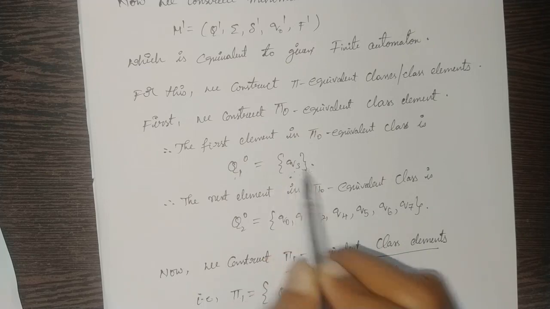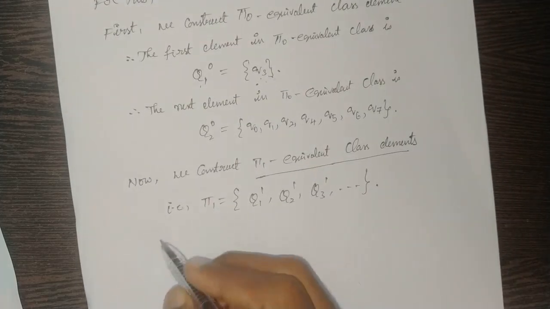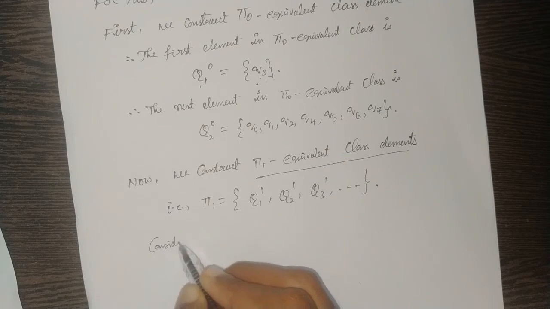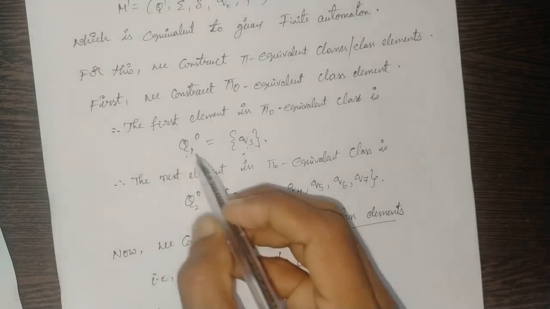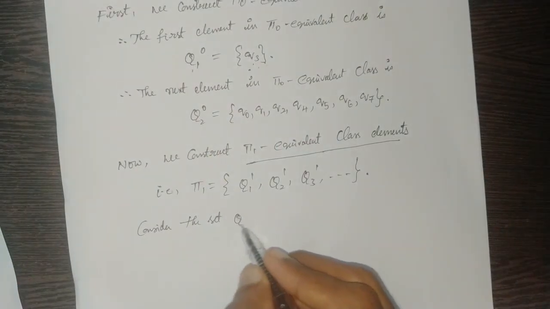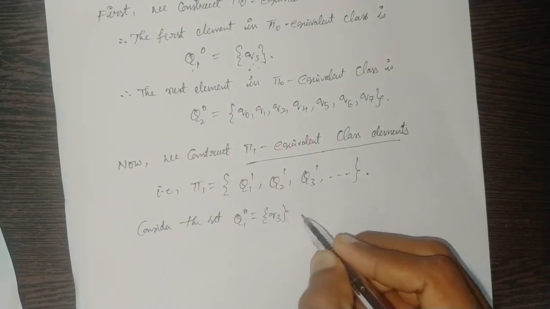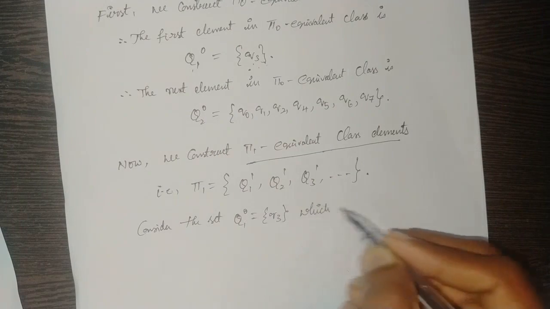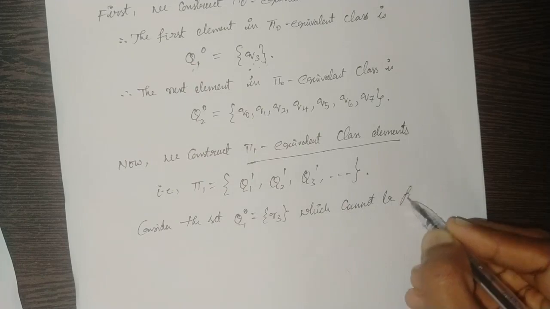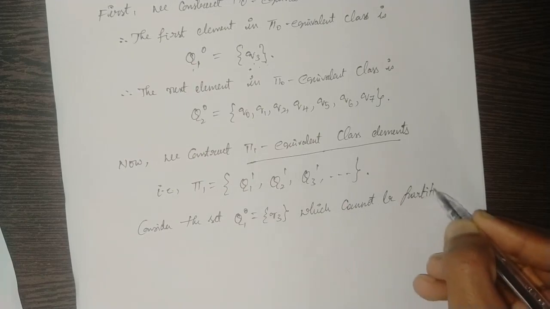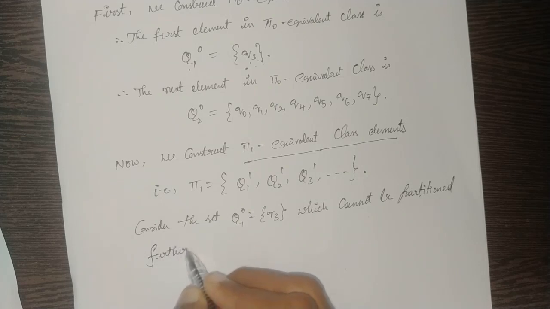So let's consider the set F, Q1 naught, that is single, Q3, which cannot be split further.